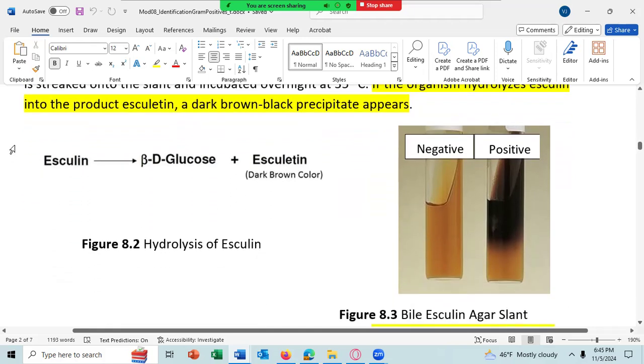So esculin broken down into esculetin, dark brown color, and in the bile esculin slant, if we have the darkening, it's positive for the bile esculin test. If there's no darkening, it's negative, and the esculin is not broken down.